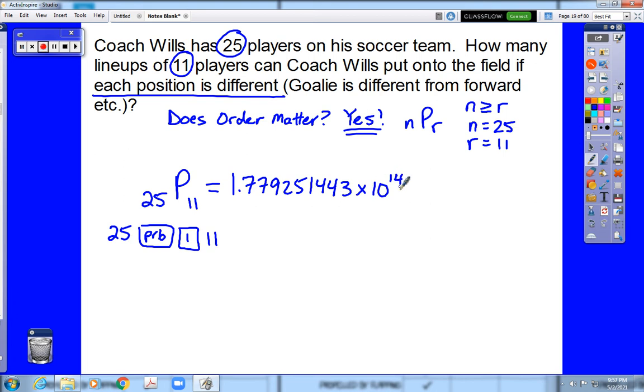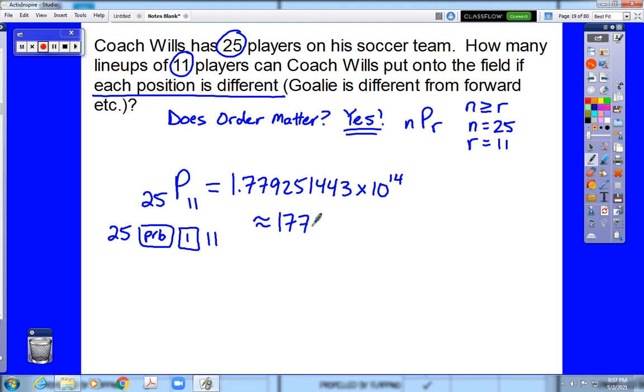That is correct. The answer is so big that your calculator can't even fit the entire thing on the screen. So we would have to give an approximate answer here. Notice that what this means in scientific notation is that we have to move the decimal place 14 places to the right. So 1, 2, 3, 4, 5, 6, 7, 8, 9. We still need to go 5 more places.